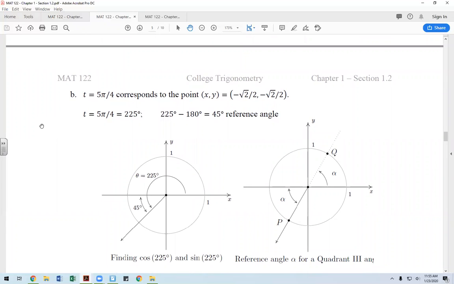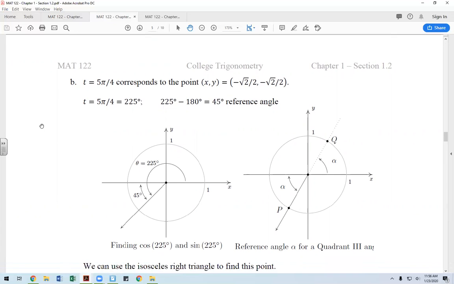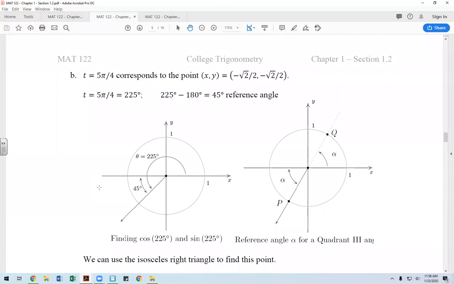Okay, now let's see how we can do a different example. Here our t value is given as 5 pi over 4. So 5 pi over 4, of course, falls into quadrant 3. And what I do a lot of times, if I can't remember what quadrant that's going to fall into, convert it to degrees, so at least you get an idea of what quadrant you're looking at.